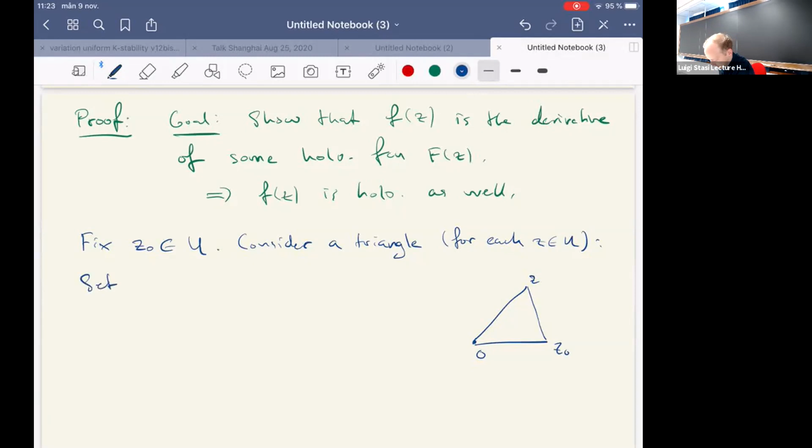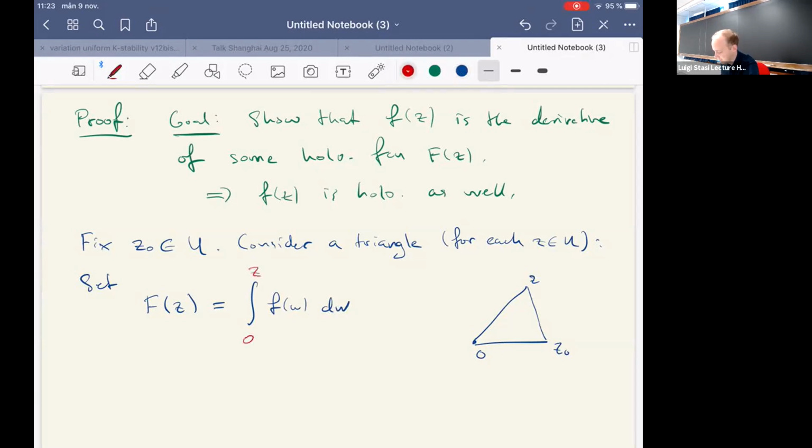Then we set the candidate antiderivative of this function f. Well, if you think about real analysis, you have the fundamental theorem of calculus. So you integrate f of omega d omega along some interval.